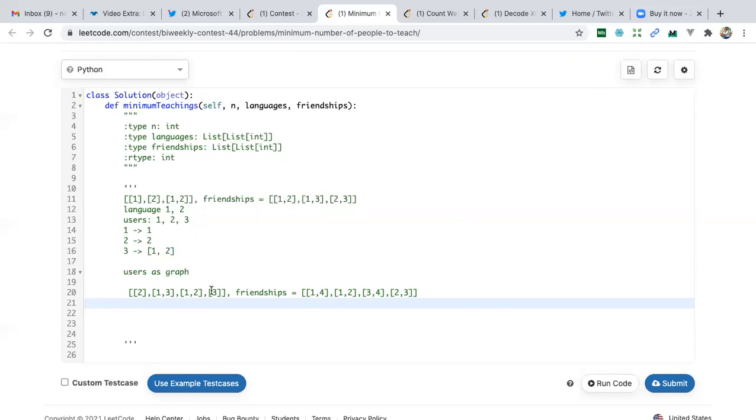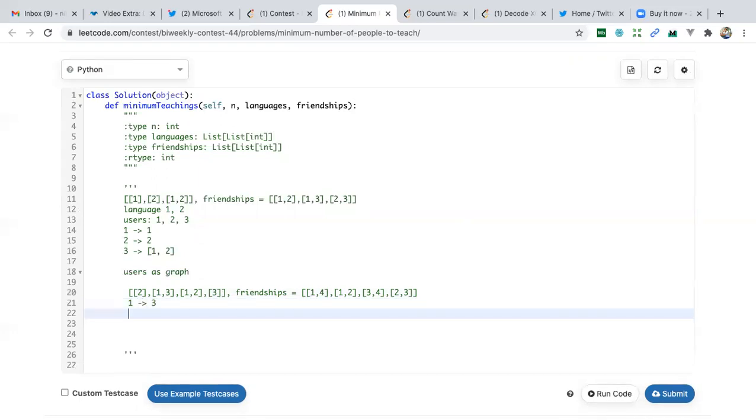So we have to teach either language 3 or we can teach the other person language 2. Okay, teach language 2.